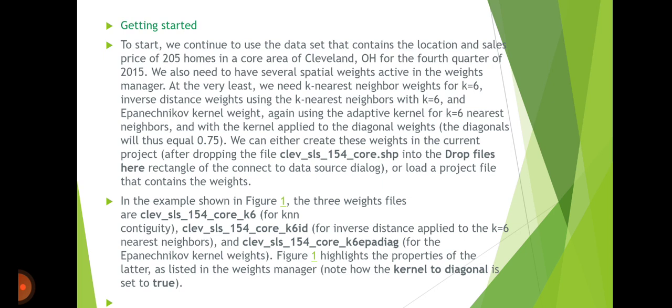At the very least, we need k nearest neighbor weights for k equals 6, inverse distance weights using the k nearest neighbors with k equals 6, and Epanechnikov kernel weights, again using the adaptive kernel for k nearest neighbors and with the kernel applied to the diagonal weights. The diagonals will thus equal 0.75.